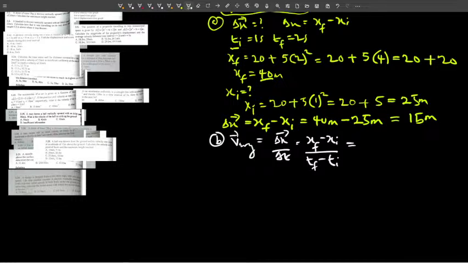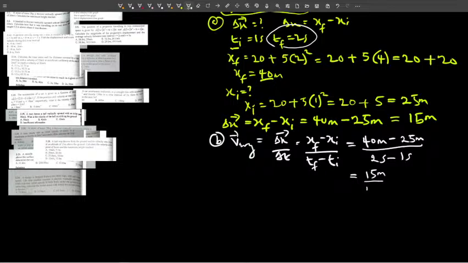We got 40 meters minus 25 meters, which is 15, over the final time of 2 seconds minus the initial time of 1 second. This gives 15 meters over 1 second, which is 15 meters per second.